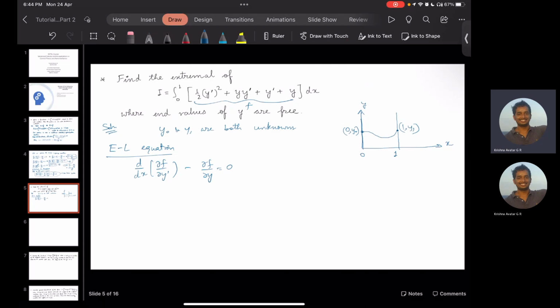And also we'll have this term, partial f by partial y prime, at x equal to 0 and at x equal to 1 is 0. These are also boundary conditions for our problem.